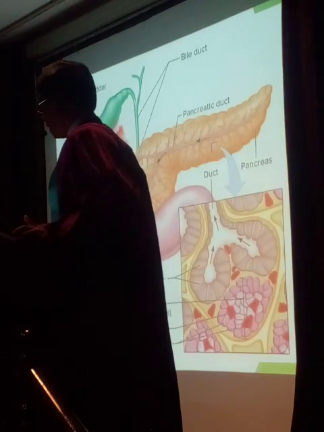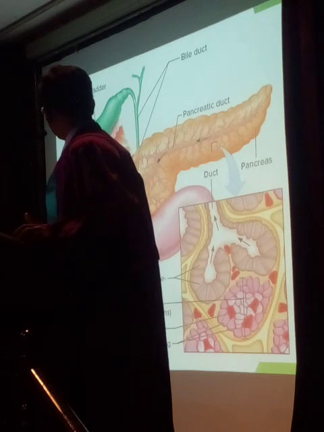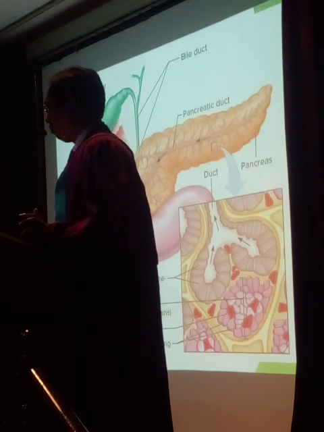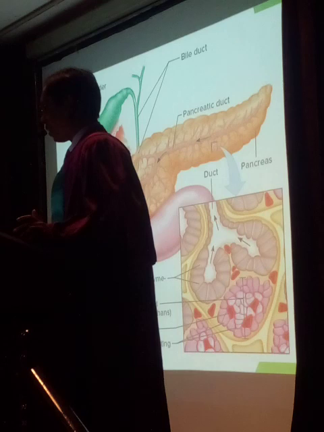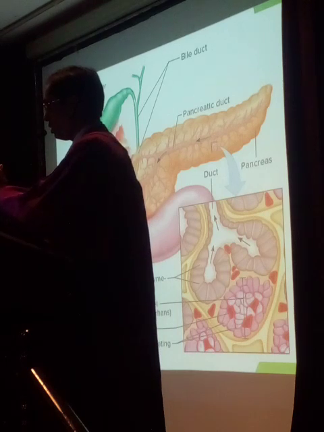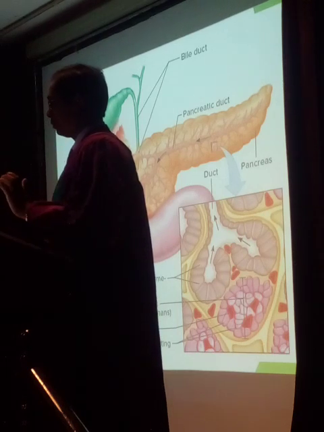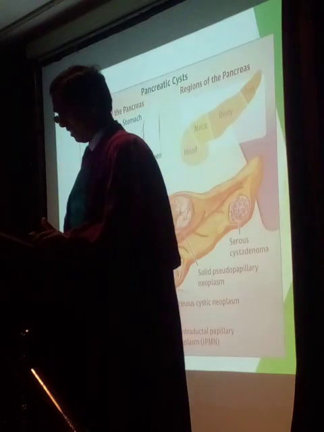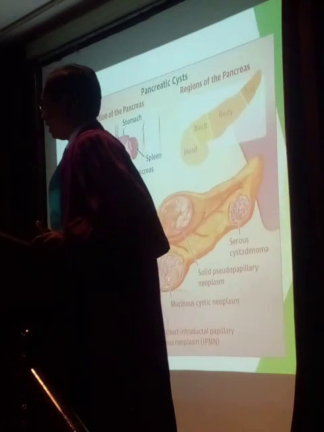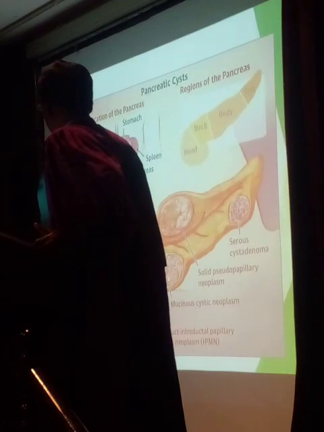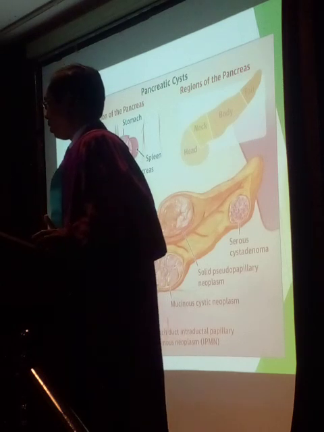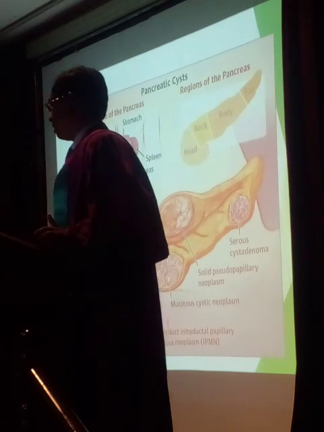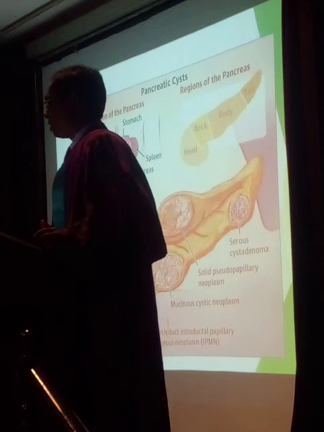So these are the anatomical things. We have both exocrine and endocrine parts. These are some cancers, actually pre-cancer stage tumors, in the pancreas located in the tail, body, and at the uncinate process.